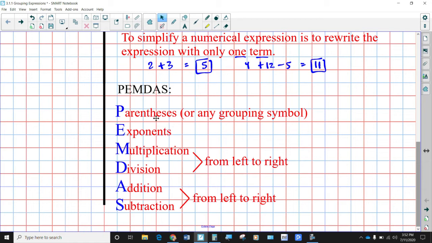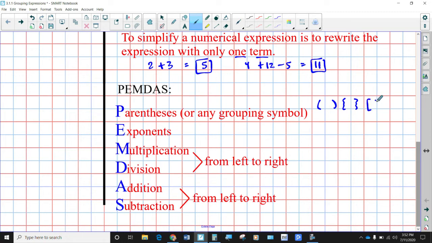Okay. So parentheses has the highest priority, and it's not just parentheses. It's any kind of a grouping symbol. So parentheses look like this, but they can also look like this, and I think those are called brackets, braces.